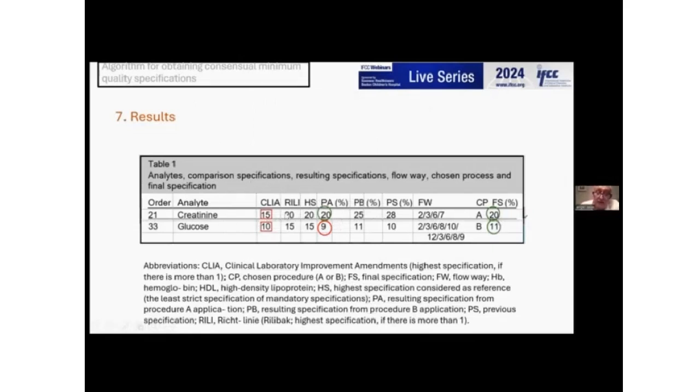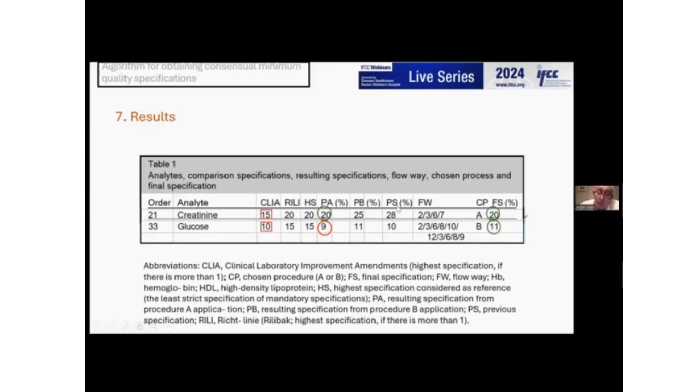Look, let's go to creatinine. We have 15 in CLIA and 20 in Germany. The lowest is 15. By procedure A, it is 20. Remember that procedure A is accepted if what comes out is equal to or greater than the lowest of the two.